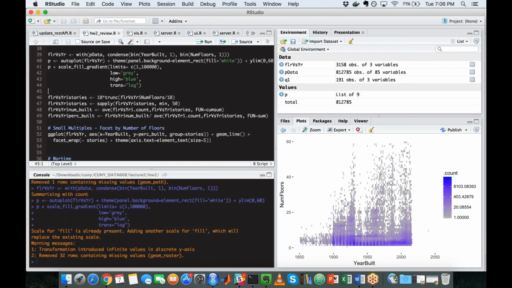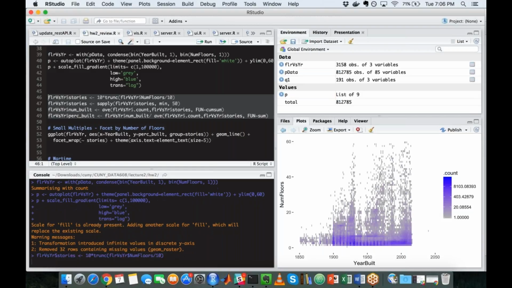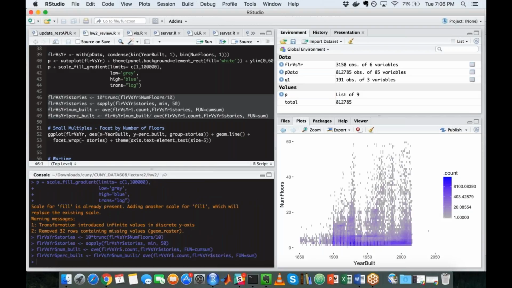And a lot of people arrived at this. A couple of people had some creative solutions to looking at this. One of the most straightforward is simply dividing the data into 10-story chunks.